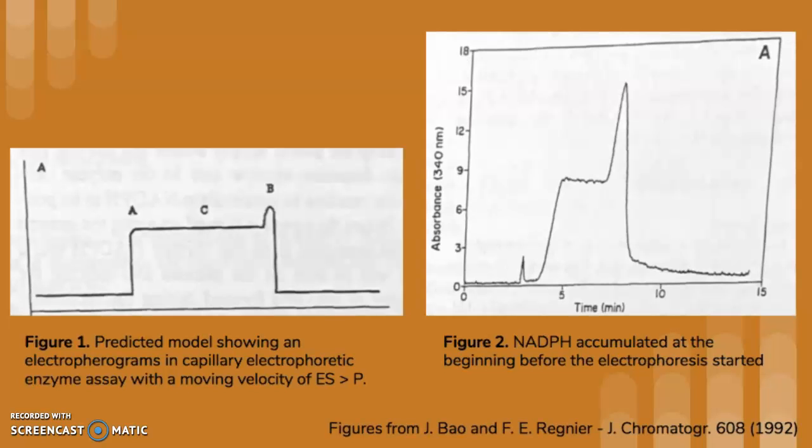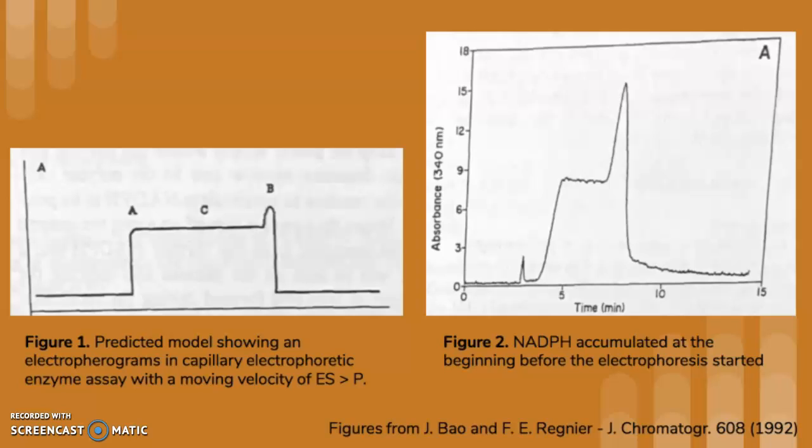Each of these graphs were conducted under constant potential, which is how the reaction is initiated. Figure 1 shows the predicted model of what the capillary electrophoretic enzyme assay would look like when the amount of enzyme in substrate is greater than the amount of product. Figure 2 shows the actual results of the capillary electrophoretic enzyme assay between the injection and the start of electrophoresis.